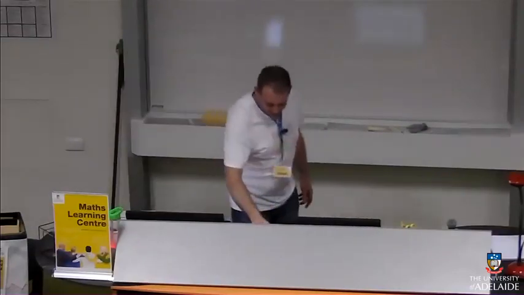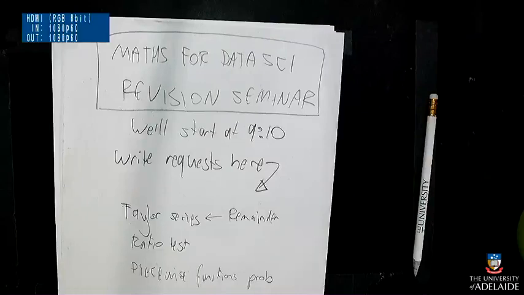Hello. I'm David. I'm the coordinator of the Maths Learning Centre. This is a revision seminar for Maths for Data Science. It's Semester 2, 2019. This course has another name for the postgraduate students, but I can't remember what it is. But the content is roughly the same. This is the first semester that this course has ever been taught.